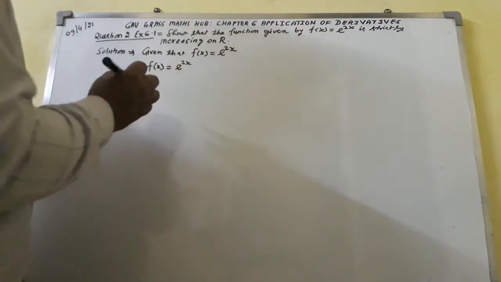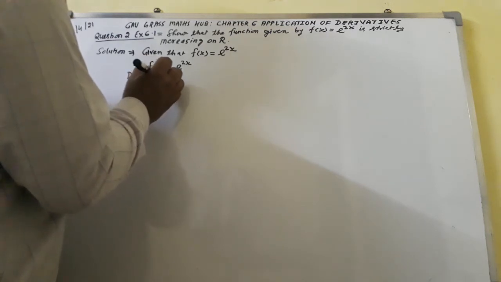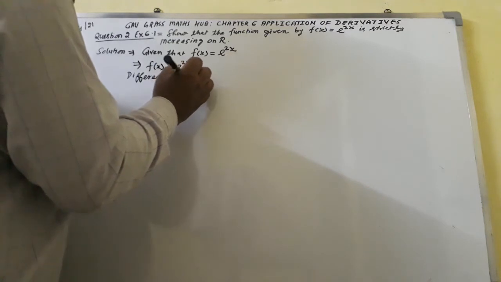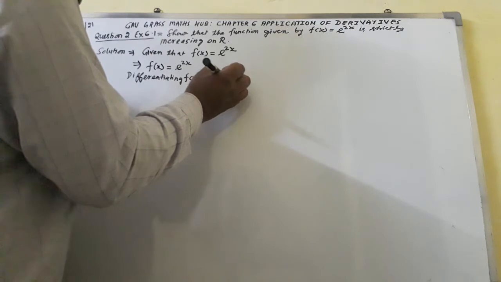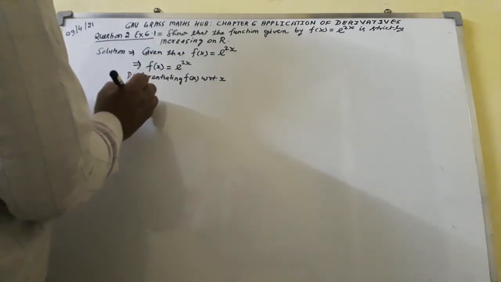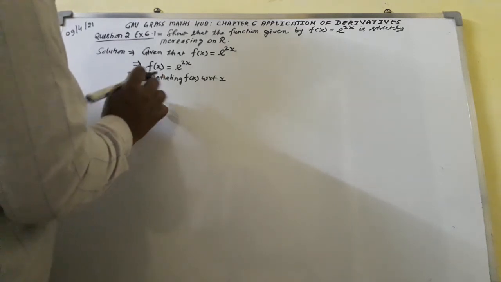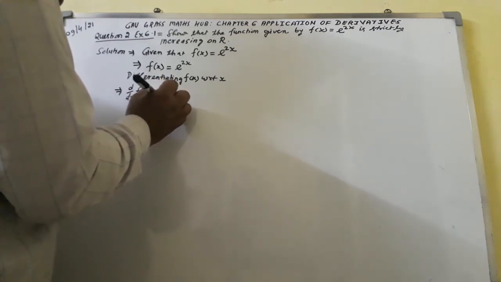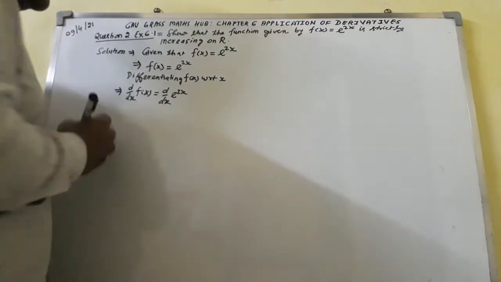Again I shall write, differentiating f of x with respect to x, implies that d over dx of f of x equal to d over dx of e raised to the power 2x.